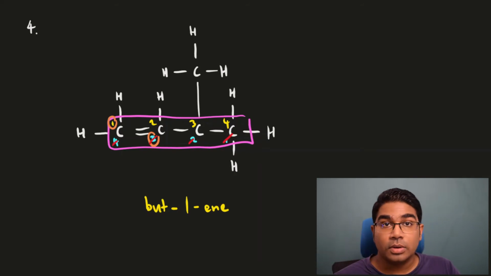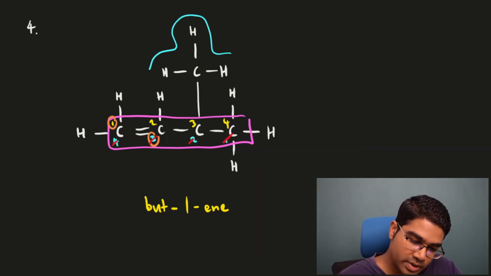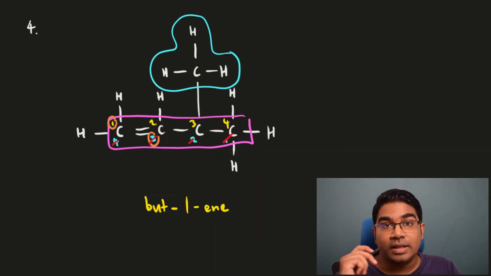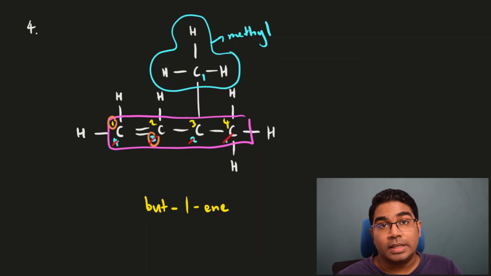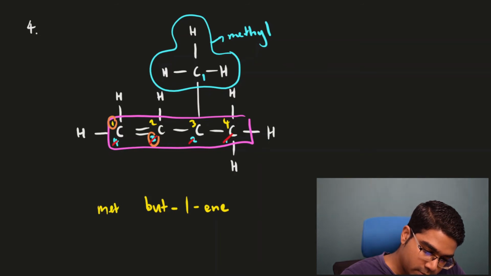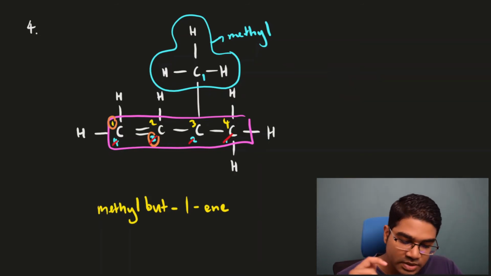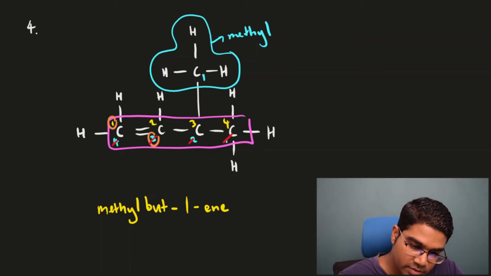And then we have to look at the chain again. Here we have the branch chain, and this is a methyl group again because we only have 1 carbon in the branch chain. Therefore, this will be methyl-but-1-ene. Then we need to identify the position of the methyl group. The methyl group is at carbon 3.